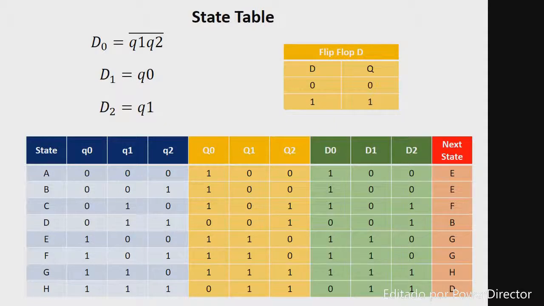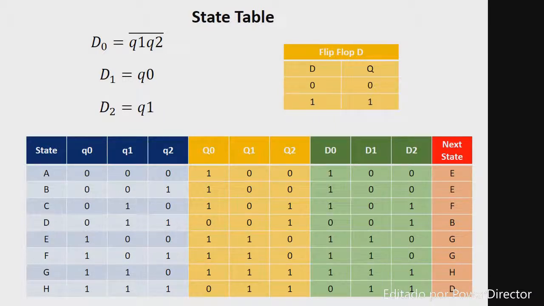Then we complete the state table of our circuit with the 3 states, Q0, Q1, Q2, and the next states, Q0, Q1, and Q2, and the inputs of the flip-flops D0, D1, and D2.